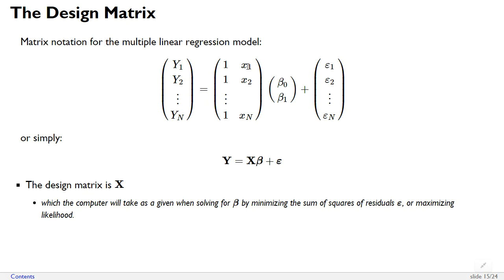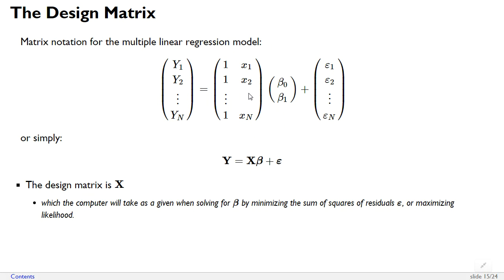If these were wants more children, this would be a column of zeros and ones corresponding to wants more children. It's really not magic. It's a matrix like you could make in Excel with a column of ones for your intercept and a column of your predictor variables here. And that's all that design matrix would be.